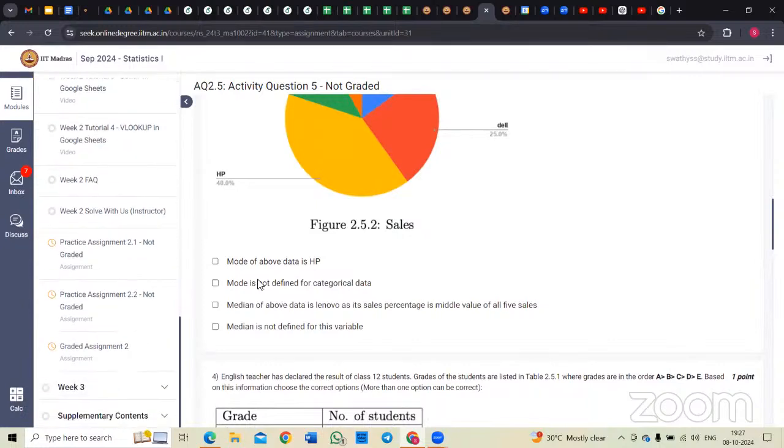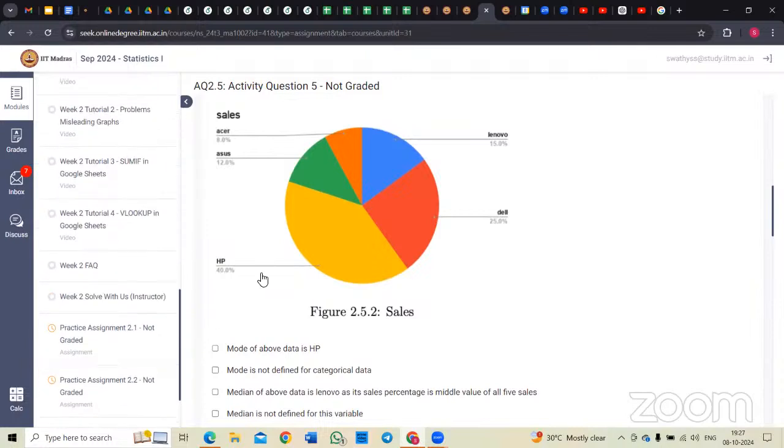Ma'am, I have a doubt on activity question 3.3.